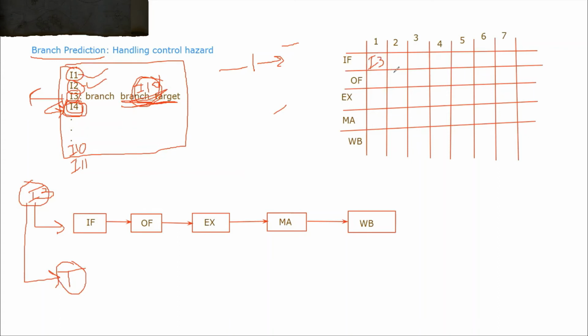So in the next cycle, I3 reaches operand fetch, and I have fetched I10 because I predicted the branch is taken.